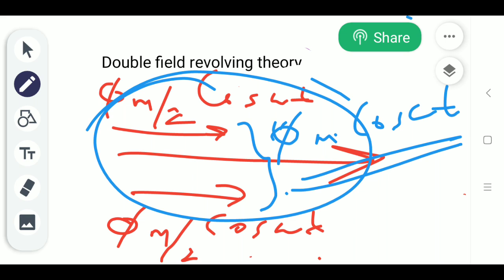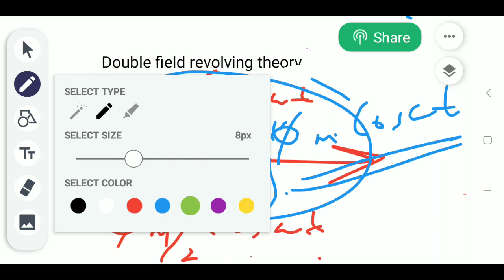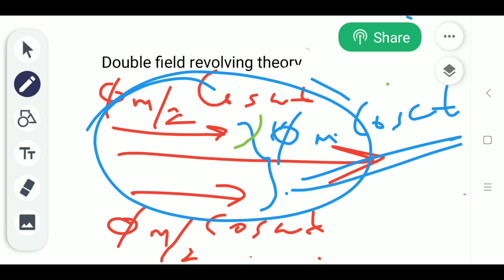So they can be thought of as moving or rotating in two directions. These two quantities can be thought of as flux vectors, one rotating in the anti-clockwise direction and the other in the clockwise direction.